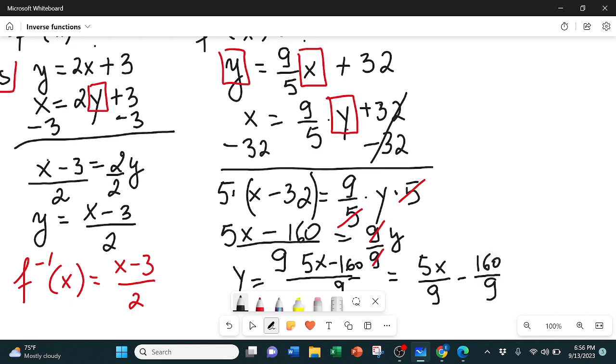And when we do that, we can divide 160 over 9, and that is 17.8. And we can rewrite the final answer. f minus 1 of x is 5 over 9 x minus 17.8.